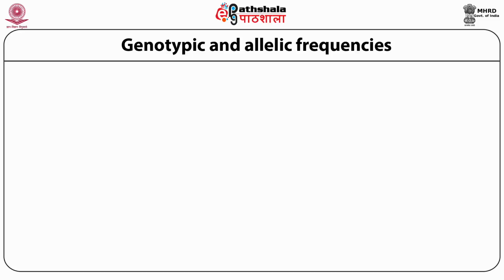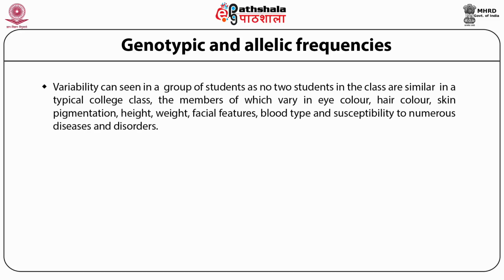An obvious and persuasive feature of life is variability. Variability can be seen in a group of students, as no two students in a class are similar. In a typical college class, the members vary in eye color, hair color, facial features, blood types, and susceptibility to numerous diseases and disorders.